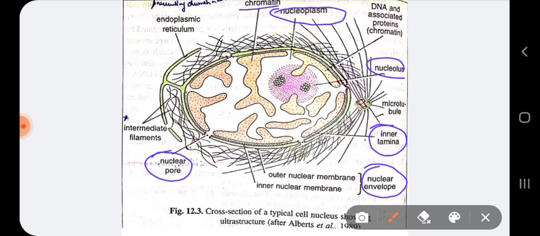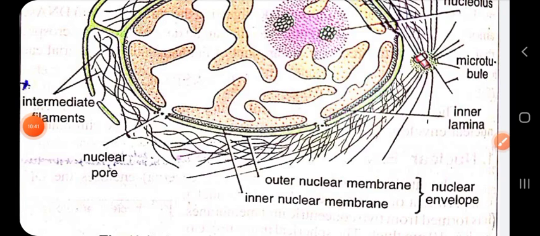So let us now discuss one by one about the structure of the nucleus in detail. So let us discuss the nuclear envelope. Nuclear envelope, also called perinuclear cisterna, that encloses the DNA and defines the nuclear compartment of interphase and prophase nuclei.